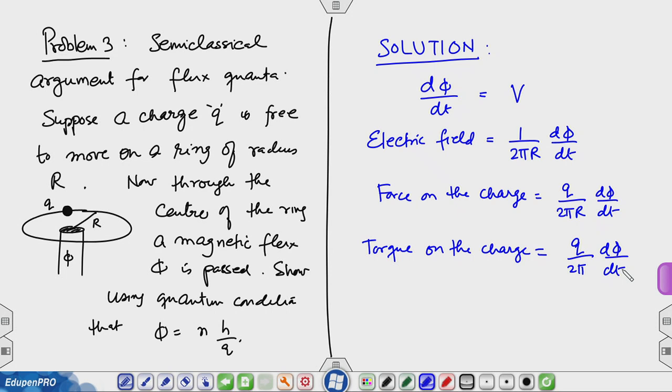and suppose this is done over a time period t, then the integration of torque dt is going to be equal to q over 2 pi times phi, and that should be equal to the angular momentum of the particle.